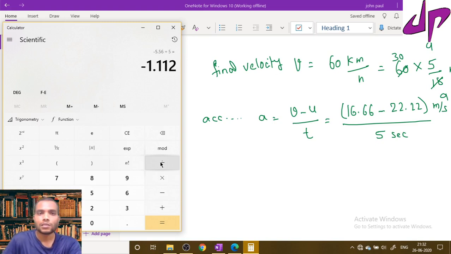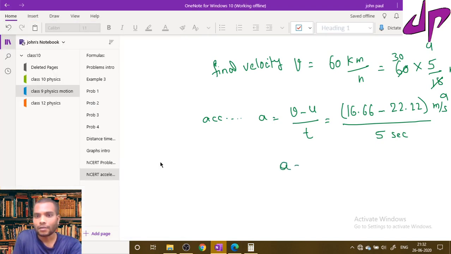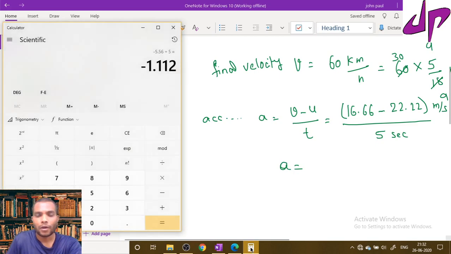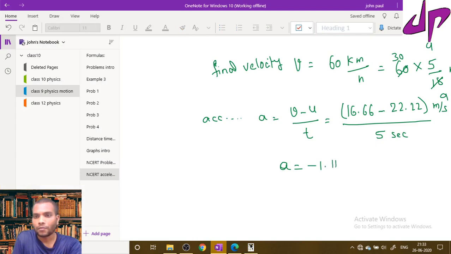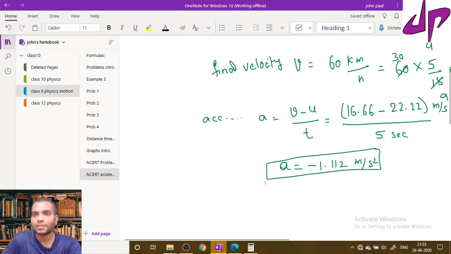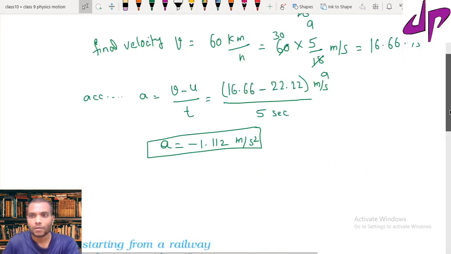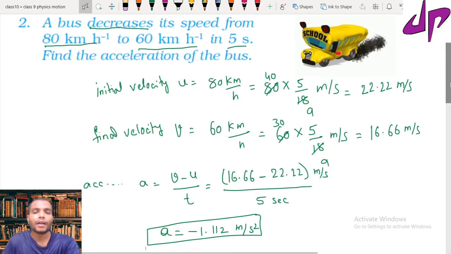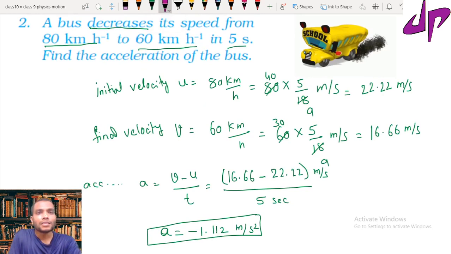The answer is negative, so you can write the answer here: acceleration a equal to minus 1.112 meter per second square. So this is the acceleration of the bus. What does the negative sign indicate? The negative sign indicates the bus is decreasing its speed.